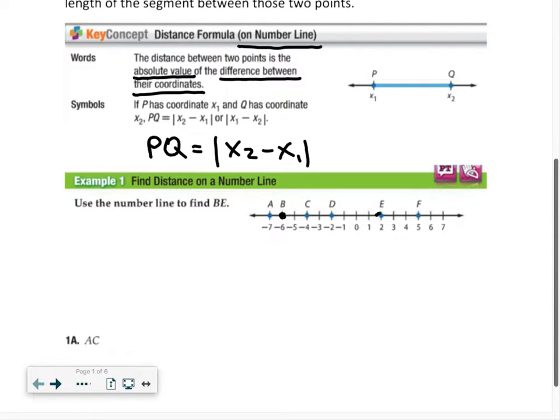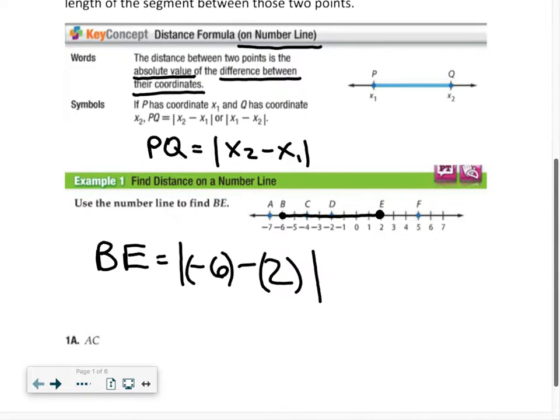So B, E are the coordinates we're going to want to use. So BE, again, it's the difference in those coordinates. So -6 minus E, its coordinate is 2, so -6 minus 2, what's that absolute value? -6 minus 2 is -8.